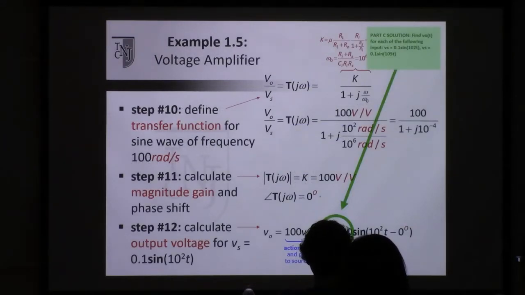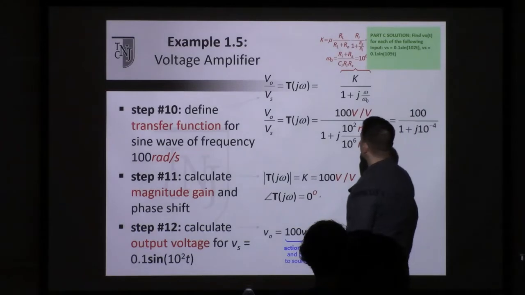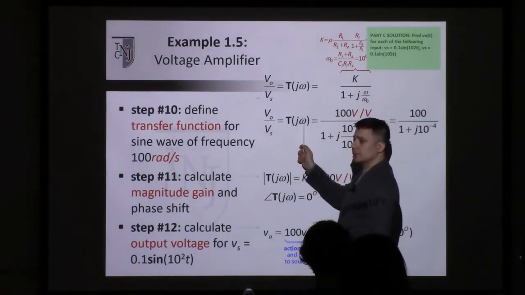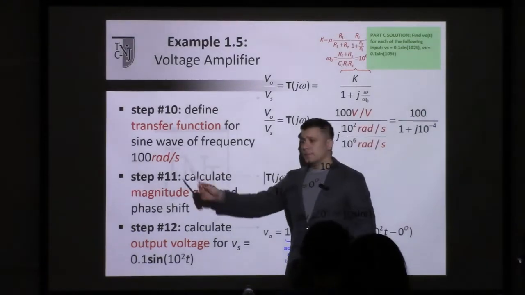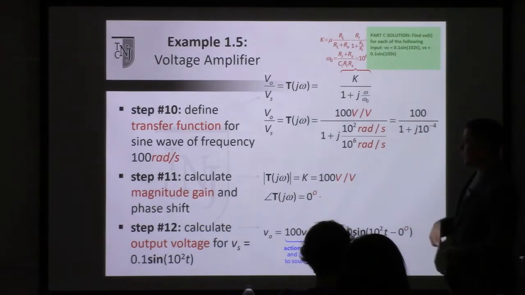They ask us in the later parts of the problem also to define the transfer function for a sine wave with a frequency of 100 radians per second. So that's easy, because all we have to do now is anytime we see an omega, plug in 100 radians per second, and you'll get your values.